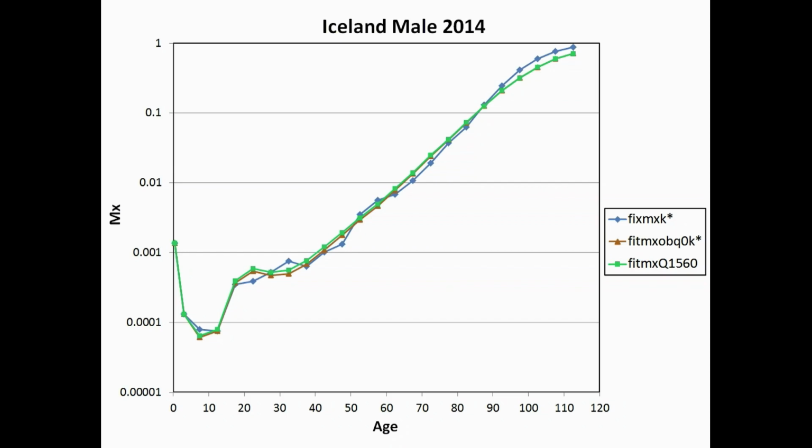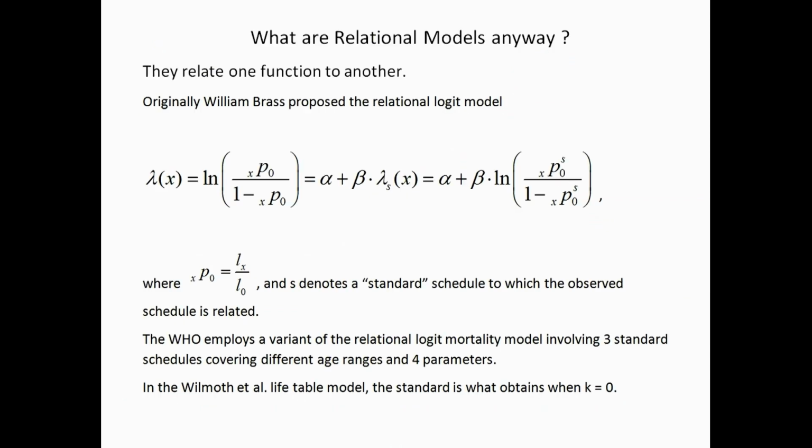Not very young ages, but young adult ages in the 20s. And we're looking at males here and not women, so we see that. The fitted schedules by the two different criterion are nearly identical, and you may just want to accept the model. Okay.